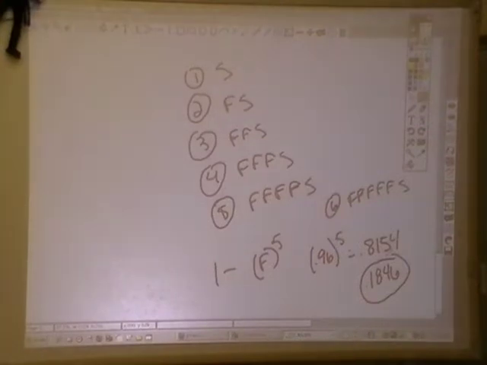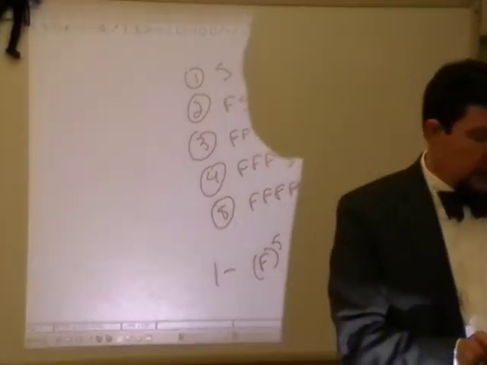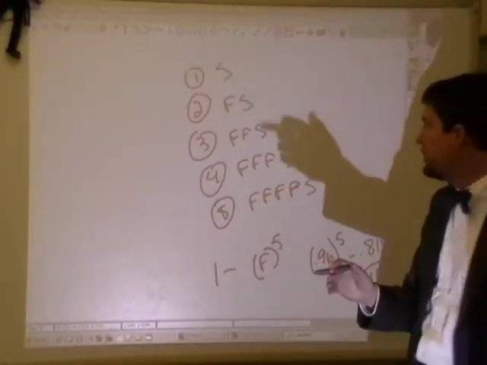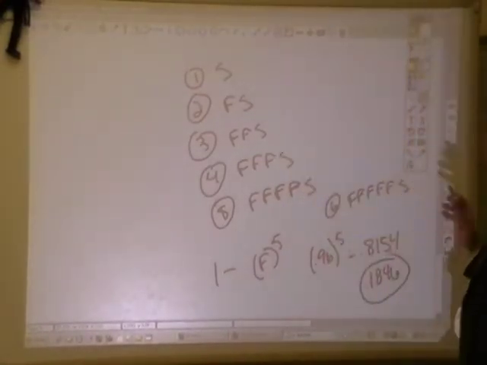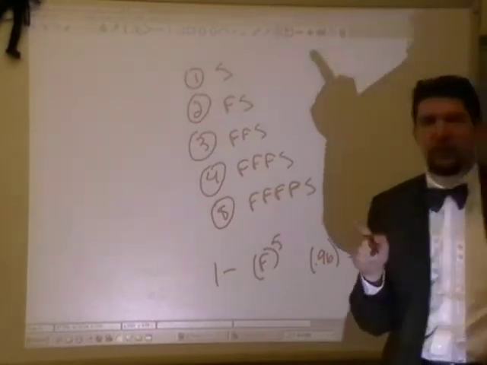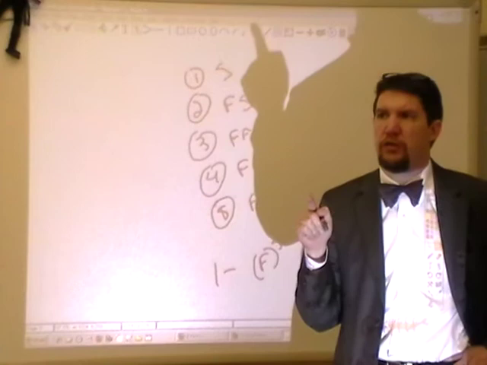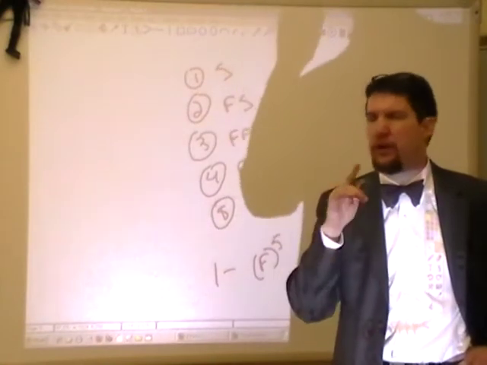D, what's the probability that we won't find a type AB donor before the 10th person? What I'm looking for is my first success to happen on the 10th, or it could be the 11th, or the 12th, or the 13th, so I would need to add all those together.